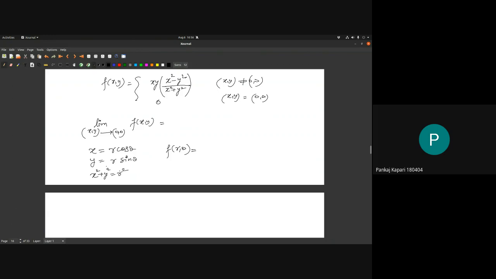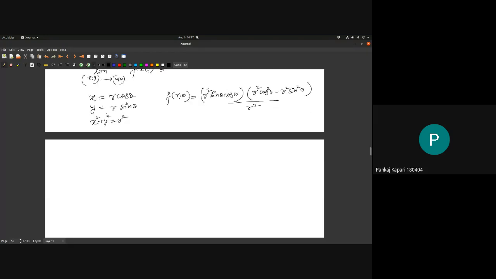Because there was this term x square plus y square, it might be useful to convert this function to polar coordinates. Let's write what will happen. This becomes r square sin theta cos theta in the bracket, but we will have r square cos square theta minus r square sin square theta divided by r square. What is this equal to?